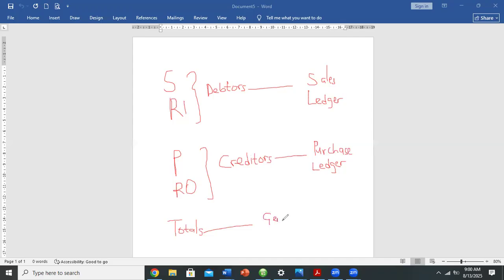So your total credit sales will go to the general ledger, in which account? Your sales account. And your total credit purchases will also go to the purchases account in the general ledger, right? So that is the framework of the postings. Now that you appreciate this framework, we can look at the question that we just solved and see how the postings were done. Okay, great.